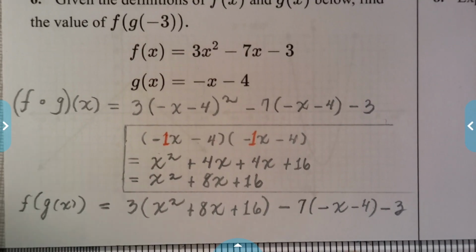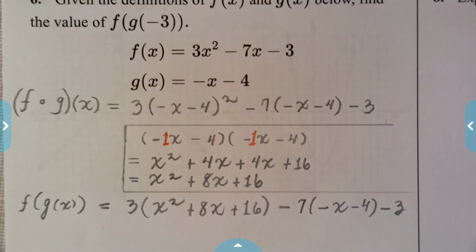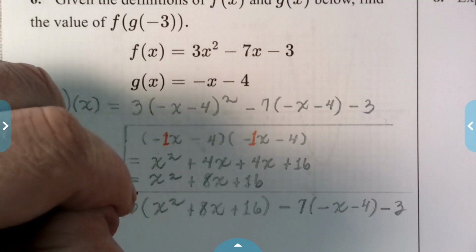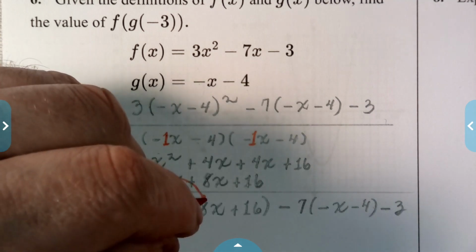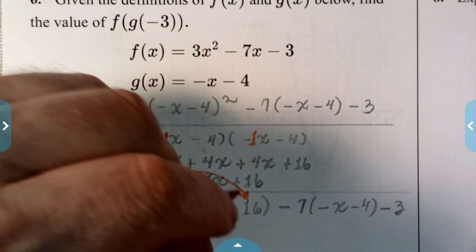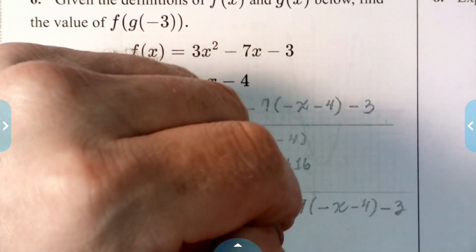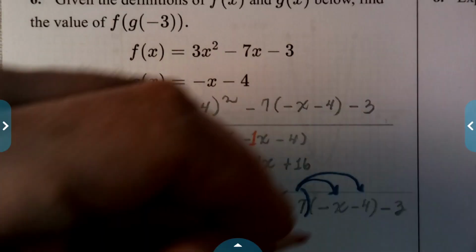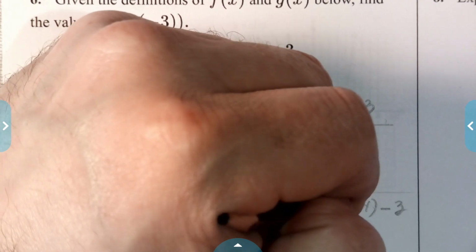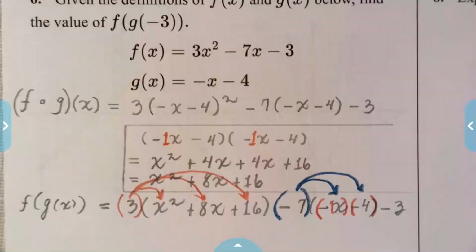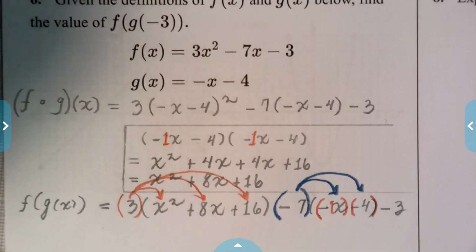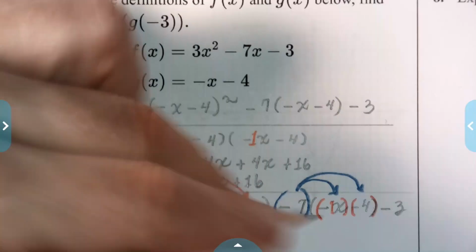Okay, so now let's get to distributing here. So we're going to distribute this 3 to each of these terms, and we're going to distribute this negative 7 to each of these two terms. And inside of here, I've got this negative 1x, and I've got a negative 4. So let's be careful when we get over there.